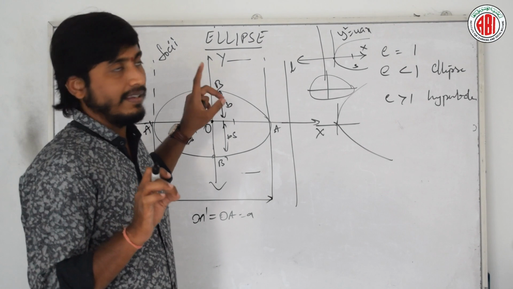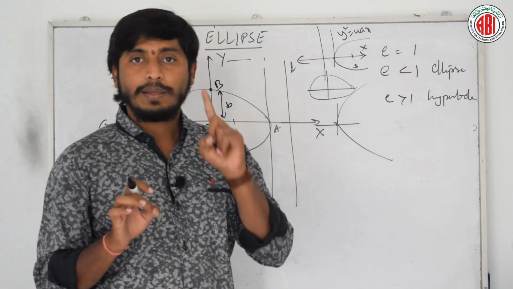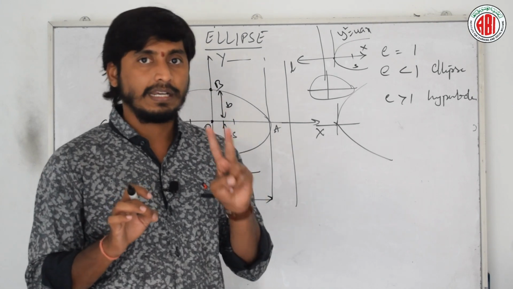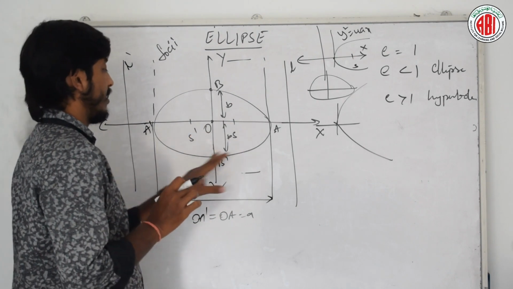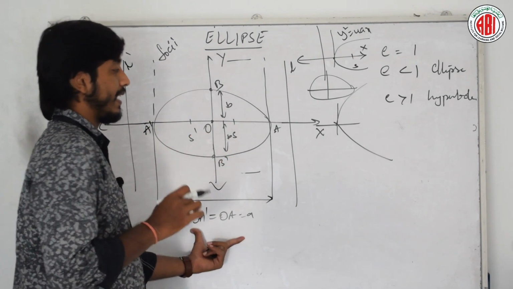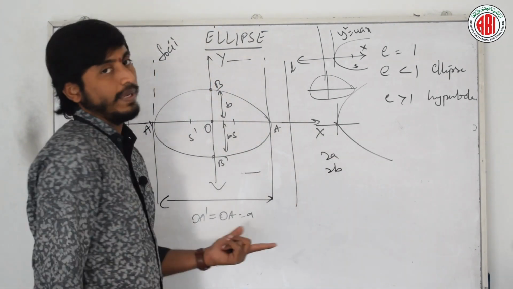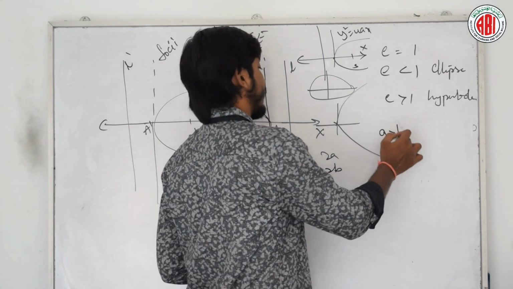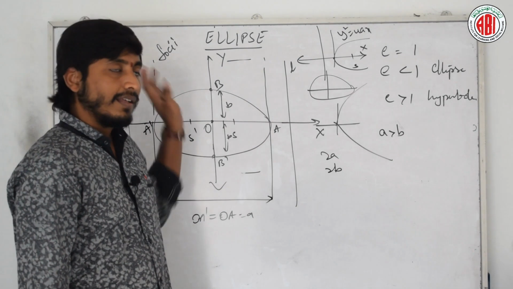Once again, see here, an ellipse will have 2 axes, one is the major axis, one more is the minor axis. Is it right? So, obviously the length of the total major axis is 2a, and the length of the minor axis is 2b. One more parameter you have to remember here is that a is always greater than b for this kind of ellipse, right? Fine.